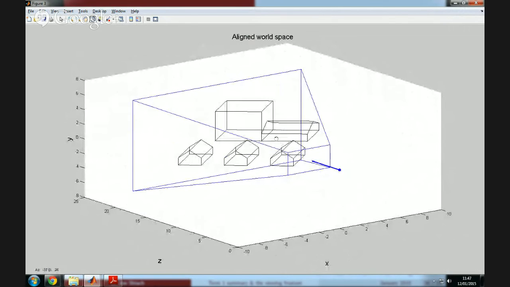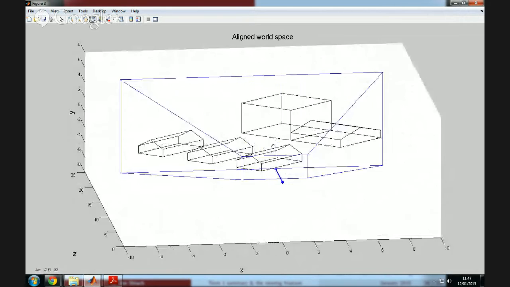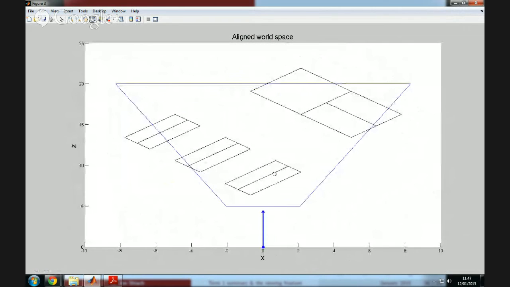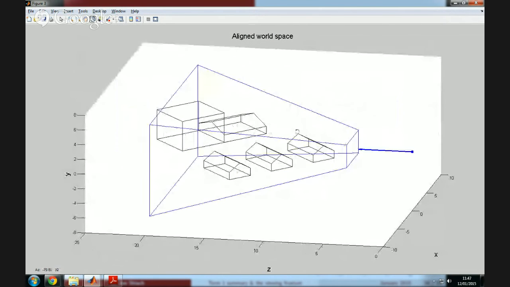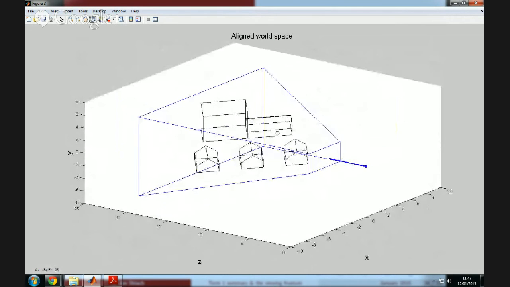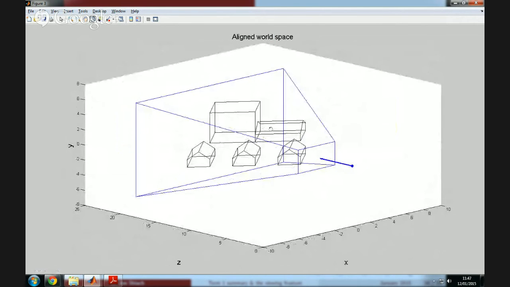So that's your viewing frustum. Anything outside this viewing frustum should be clipped. So this edge of this building here needs to be clipped away, the back of that sort of church-like tower thing, and that edge there. So anything outside of these sort of blue lines needs to be clipped. That's the untransformed aligned world space.